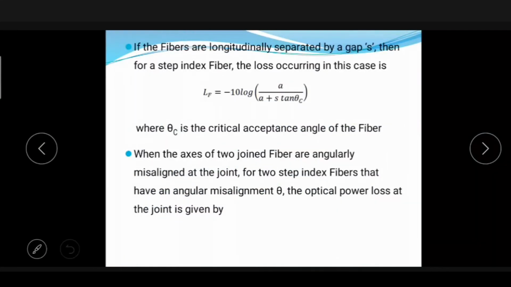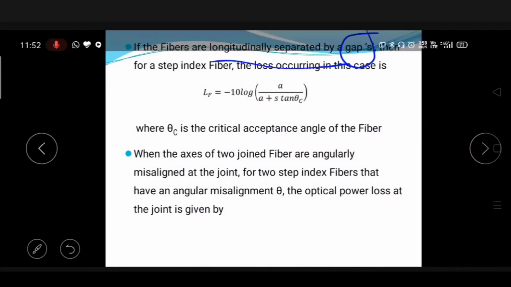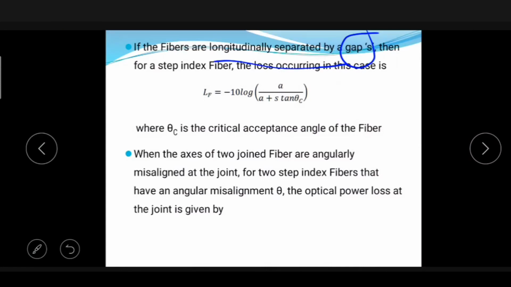Then, if the separation is S, that is the longitudinal separation or end face separation, then LF, fiber loss, is minus 10 log of A divided by A plus S into tan theta C. These are the expressions, no need to worry about that.